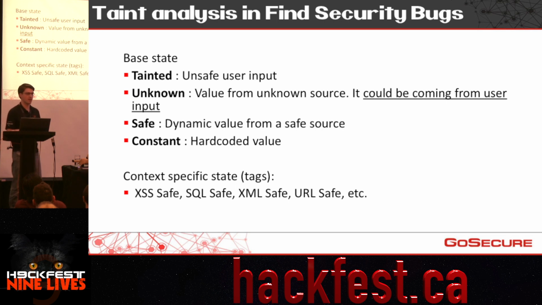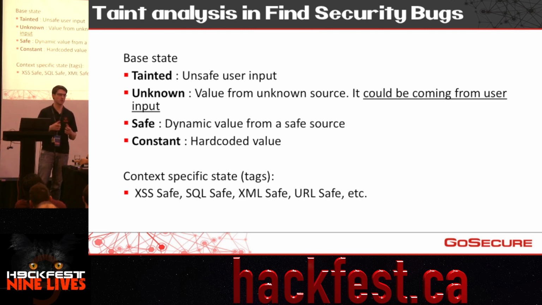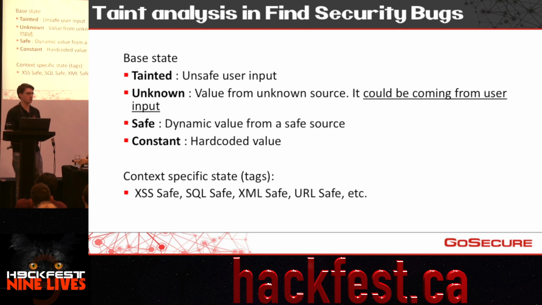So in practice, taintness is much more complex, but not that complex, there's not just tainted and not tainted. In FindSecBugs, just to give you a specific example for the tool I'm going to demo, tainted will be any value that is known to be unsafe. So if there are APIs that are recognized to be user input, these will be flagged as tainted. Unknown will be a state that we apply to any variable that is coming from an external method that we don't know.